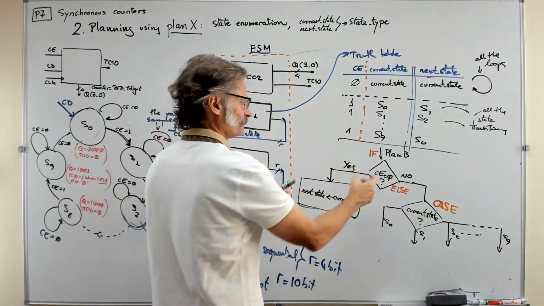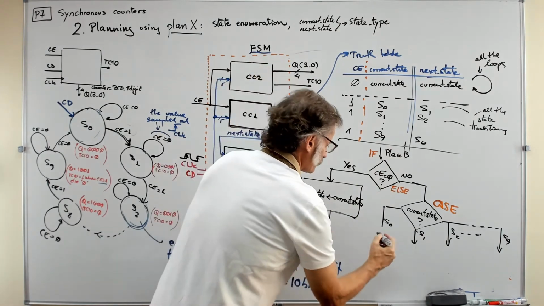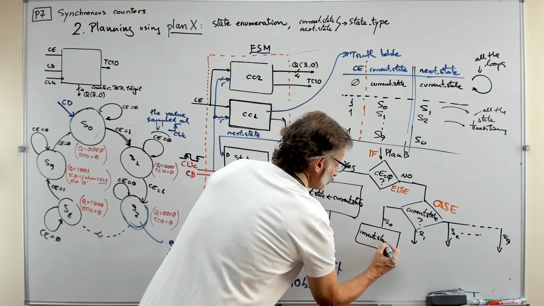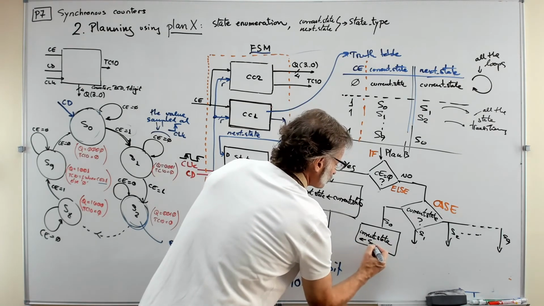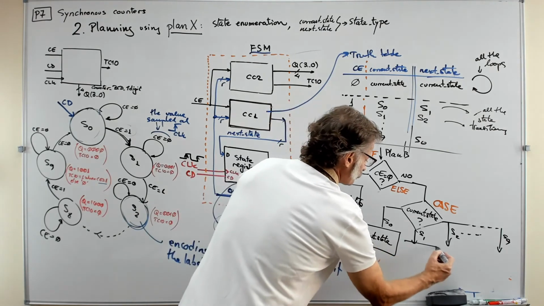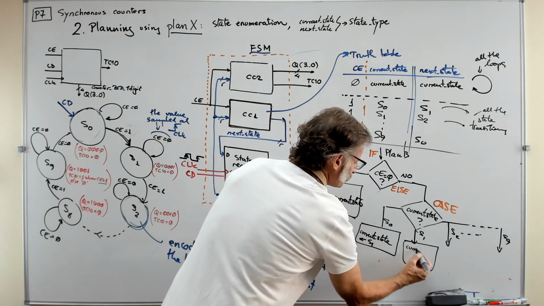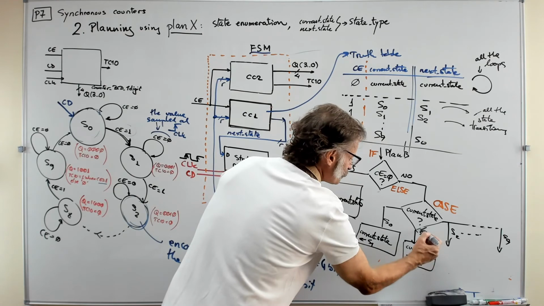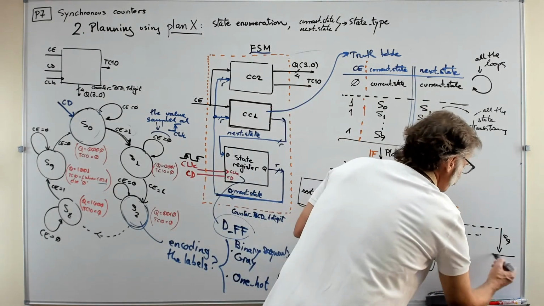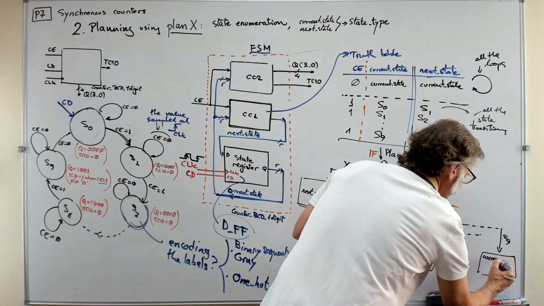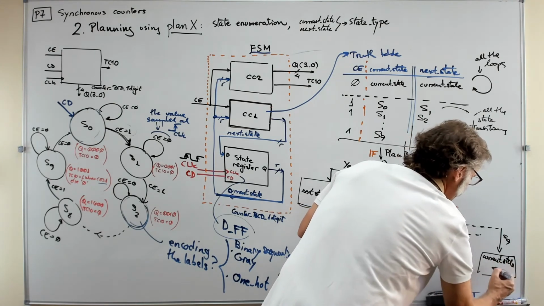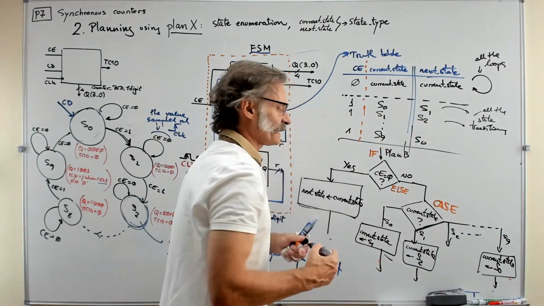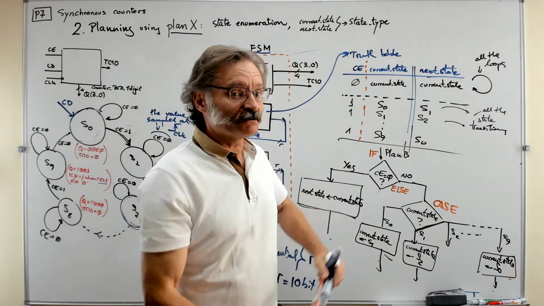In the process, using plan B, you can very well assign here that current state happens to be S1. Or here current state is S2, because now you are in S1, and so on and so forth to the end. So here current state is just state 0.